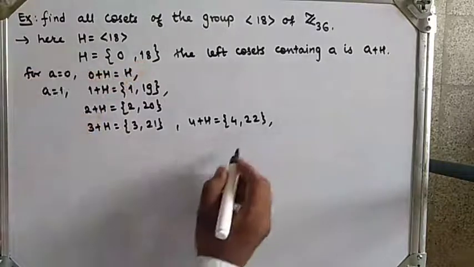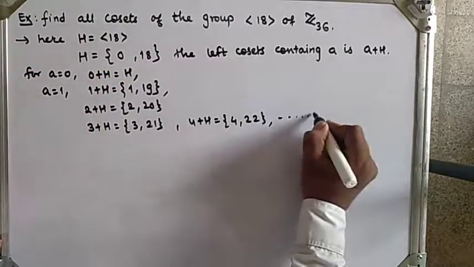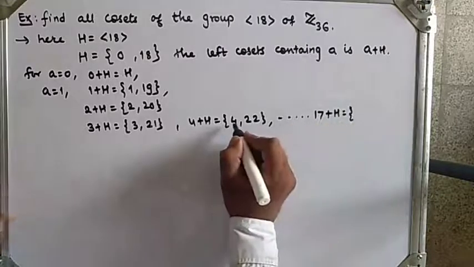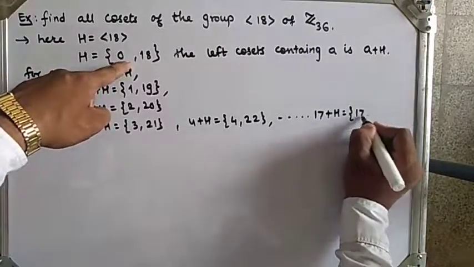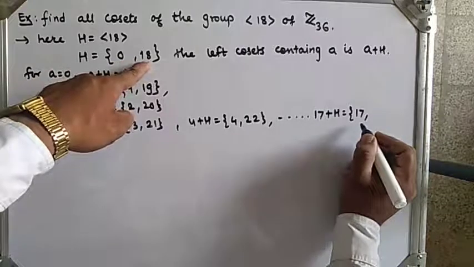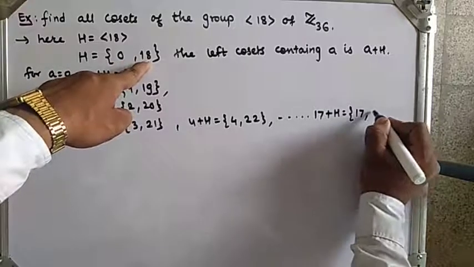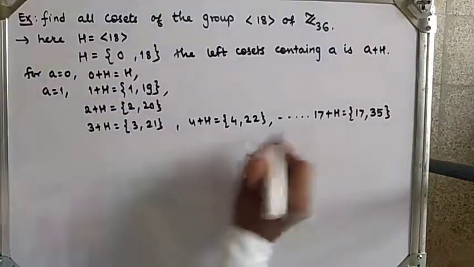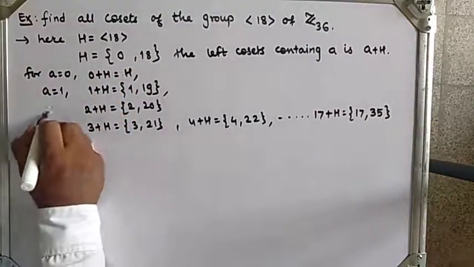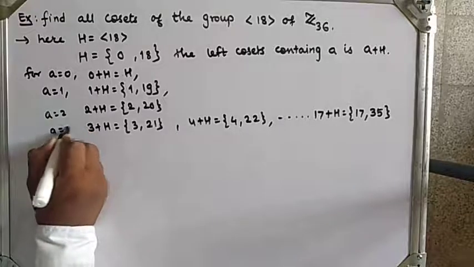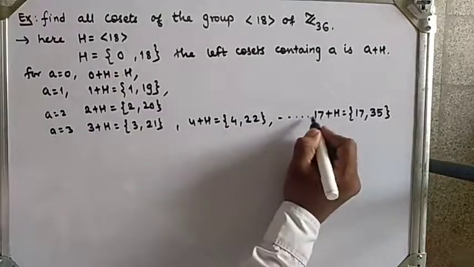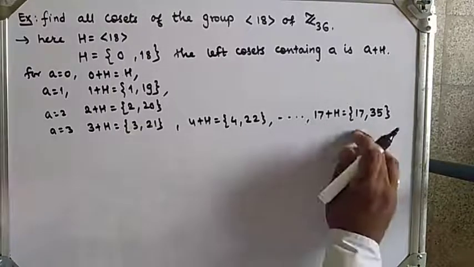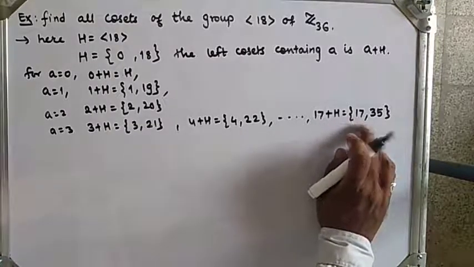Now continuing in this way up to 17, 17 plus H gives 0 plus 17, which is 17, and 17 plus 18, which is 35. So for a equal to 17 we get 17 plus H, which is the set {17, 35}.